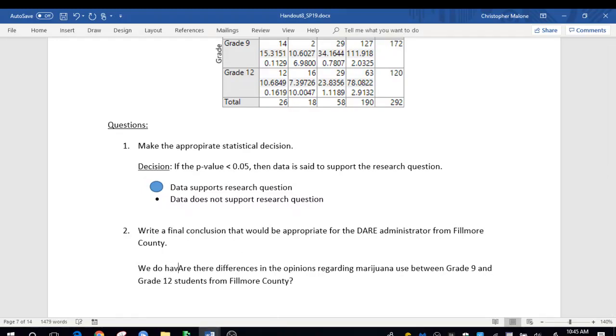We do have enough evidence, or statistical evidence, to say there are differences in the opinions regarding the marijuana use between grade 9 and grade 12 students in Fillmore County. And the p-value for that test is less than 0.0001. So very small.